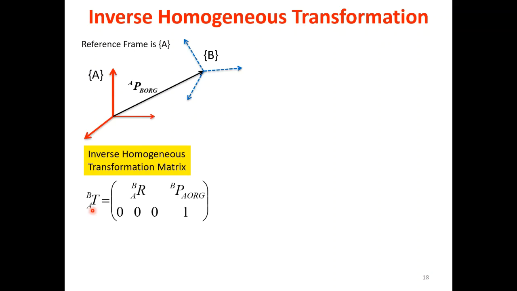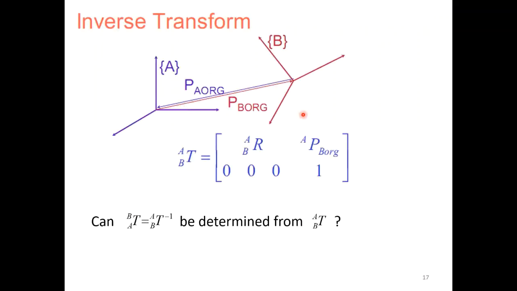So when you say BAT, if you follow the procedure here, there's a pattern, right? For any reference frame, for any relative frame, you know how to write this one, right? So this is the reference frame, this is the relative frame. They have specific positions in the structure. Reference doesn't have to be A all the time. Reference can change, but whenever it changes, you change it in the structure.